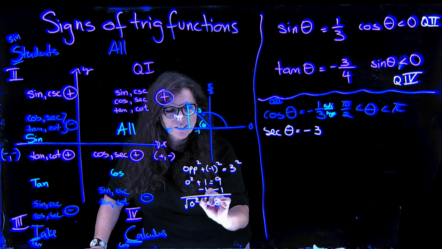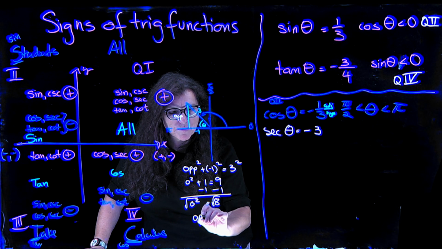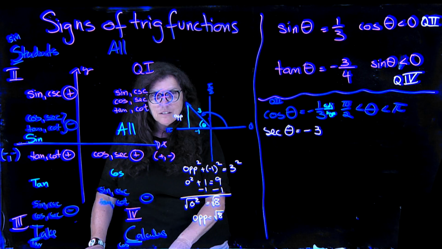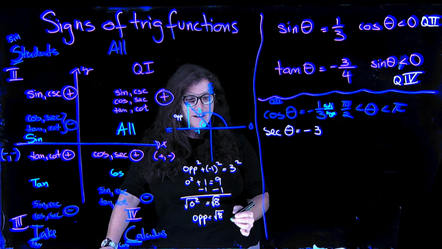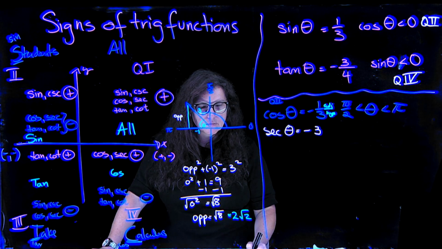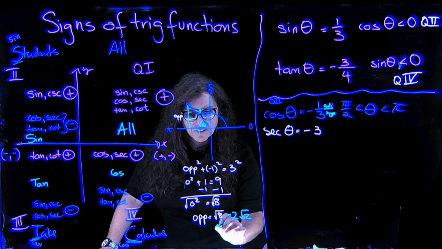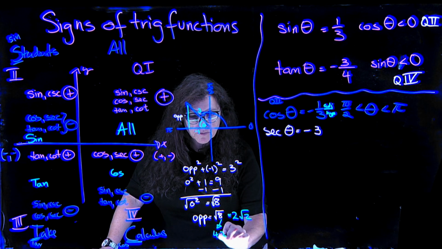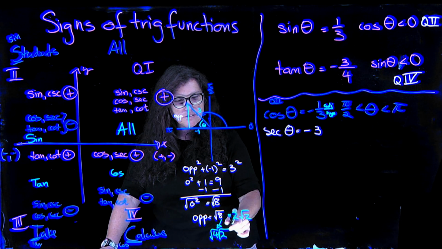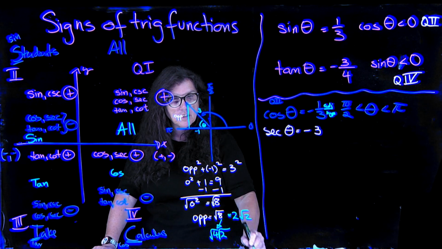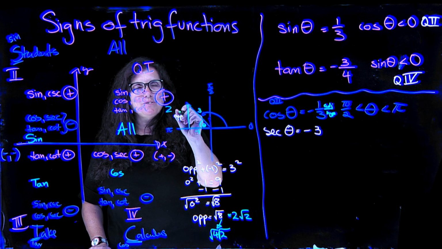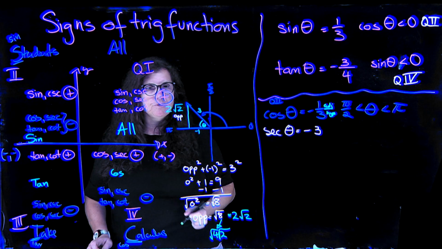And now we take the square root, and the opposite side is the square root of 8, which can be simplified as 2 square root of 2. Where's that coming from? Well, 8 can be factored into 4 times 2, and the square root of 4 is indeed 2, but the square root of 2 cannot be simplified. So the opposite side is 2 square root of 2.